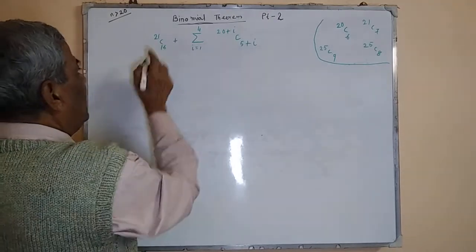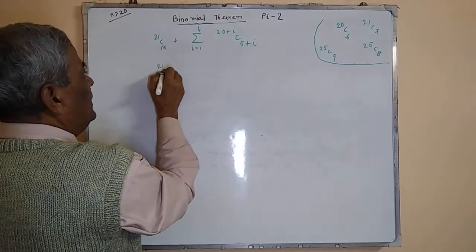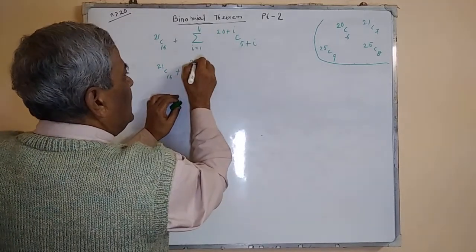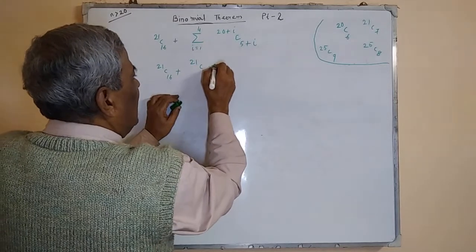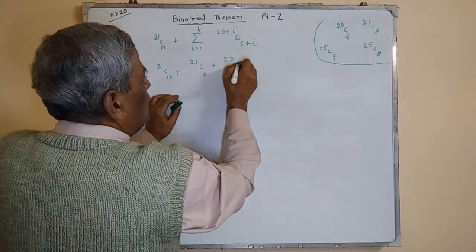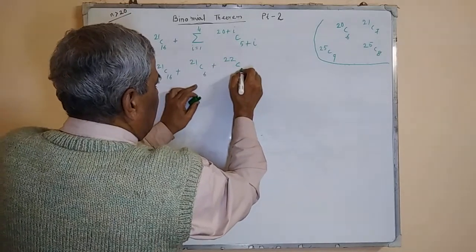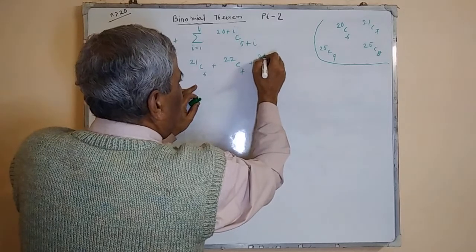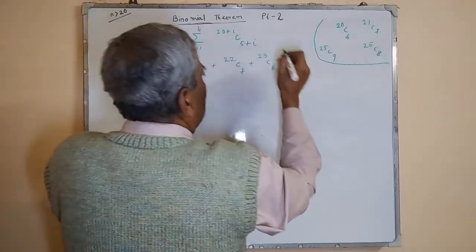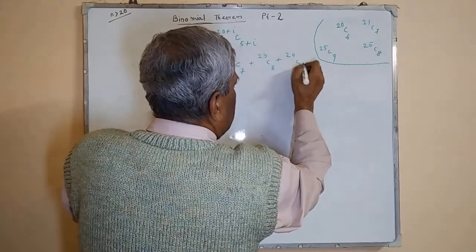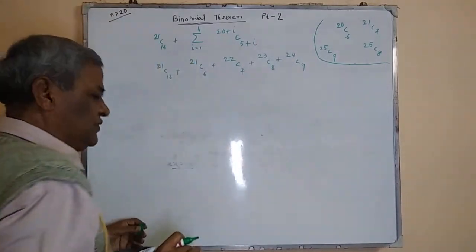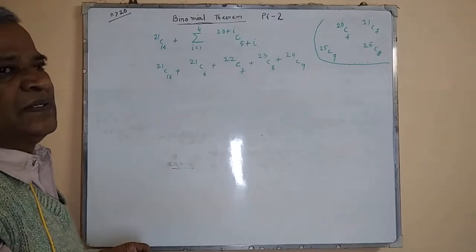Now, the terms are 21C6 plus. Putting i is equal to 1, this is 21C6 plus. Then i is equal to 2, next third term, 22C7 plus 23C8 plus i is equal to 4, last term, 24C9. So altogether there are 1, 2, 3, 4 and 5 terms, and we have to find out their sum.